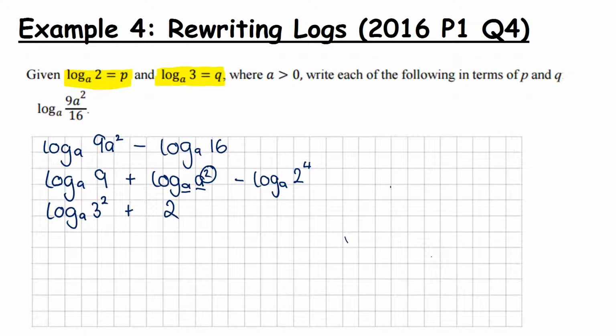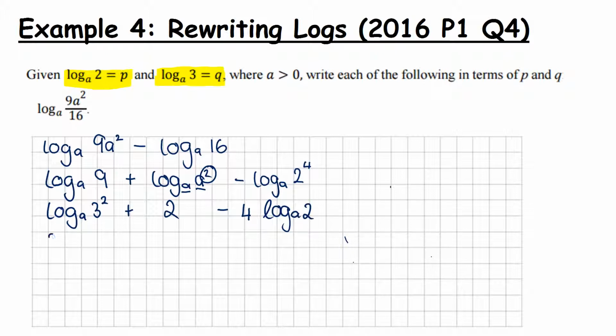Now, we had log to base a of 2 to the power of 4, but we were simply looking at log to base a of 2. Now, the third rule in the middle column, we've used it before, but maybe the other way. So it told us if a number is in front of the log, we can bring it up to the power. Similarly, if there's a power, we can bring the power in front of the log. So this becomes 4 log to base a of 2.